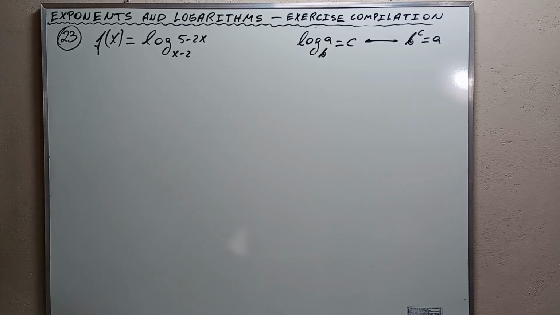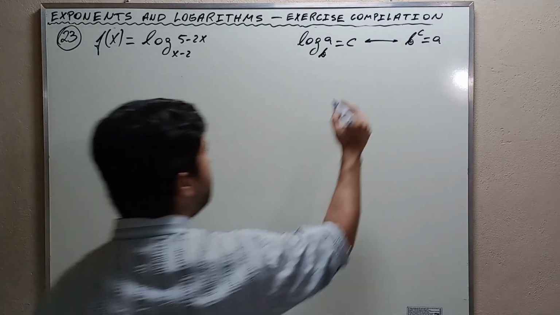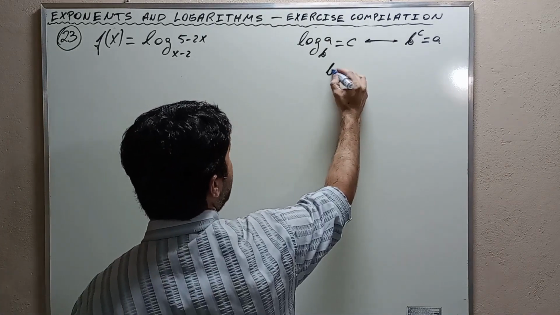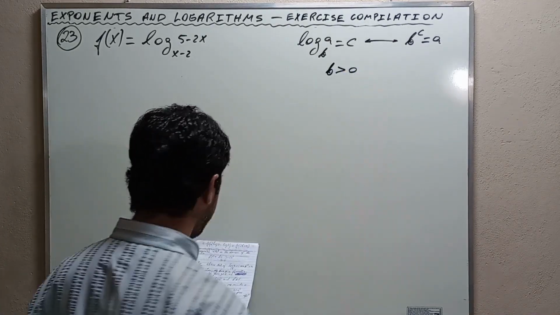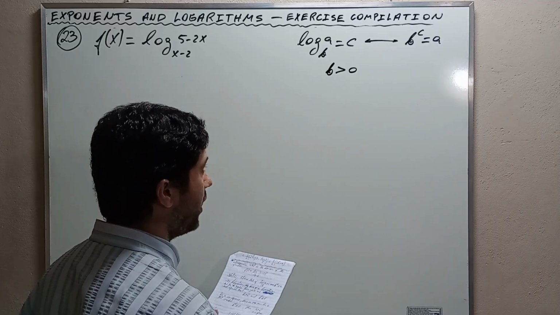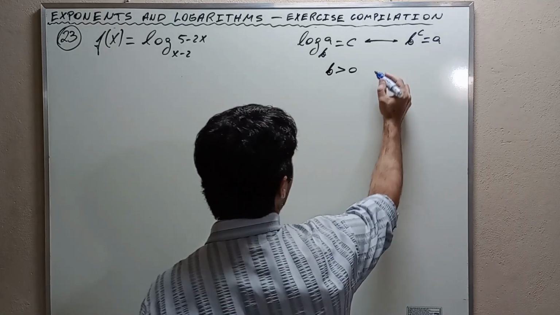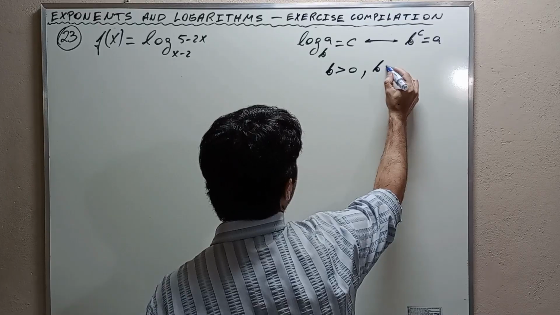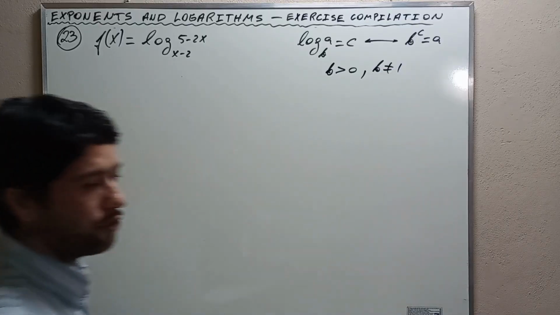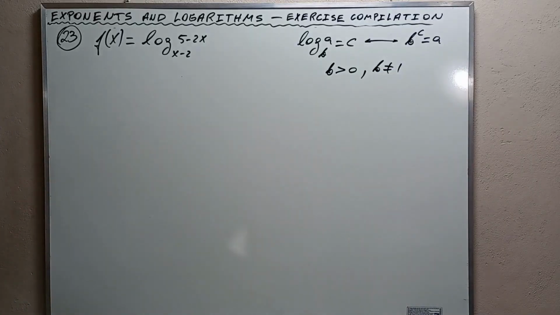By definition, the base of a logarithm has to be greater than 0 and not equal to 1. Okay? Observe that b has to be greater than 0 and not equal to 1. This is the condition, and this is the very definition.